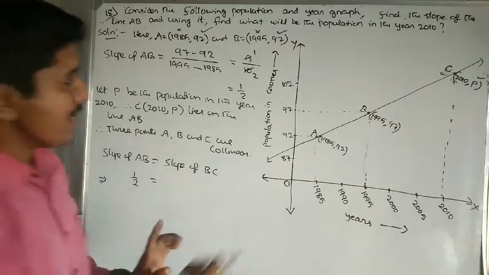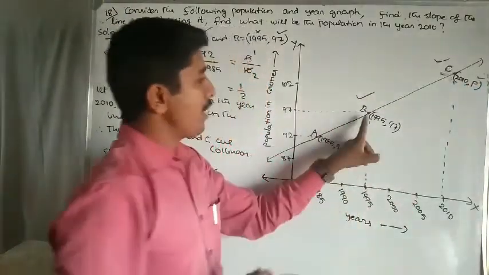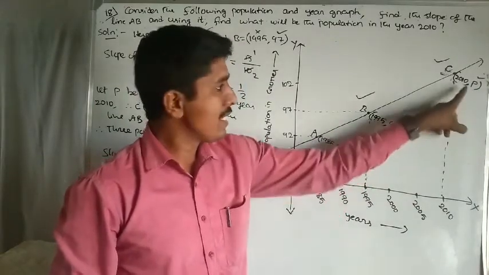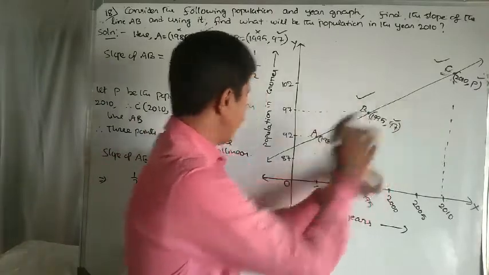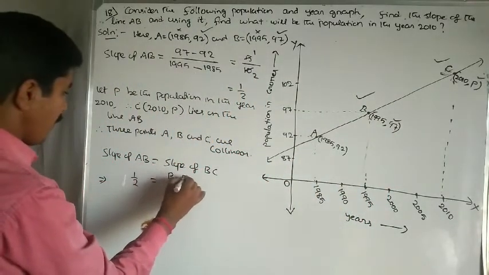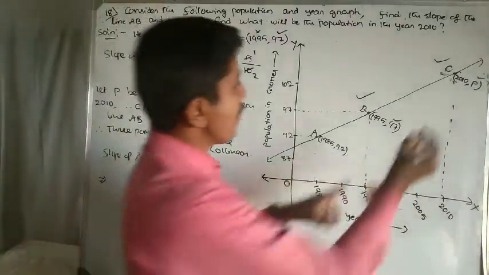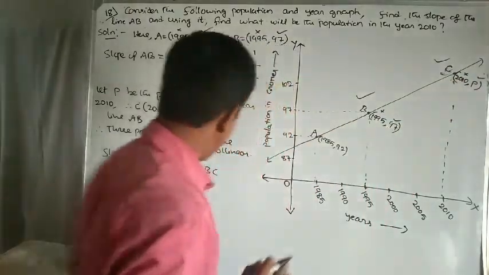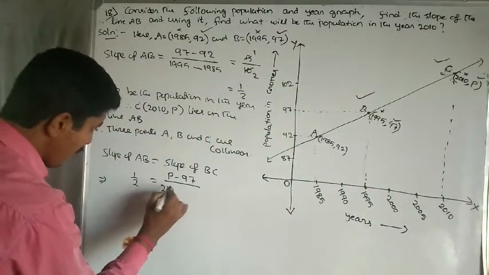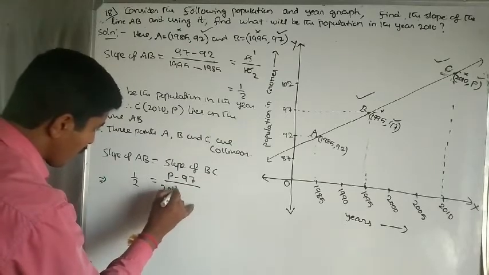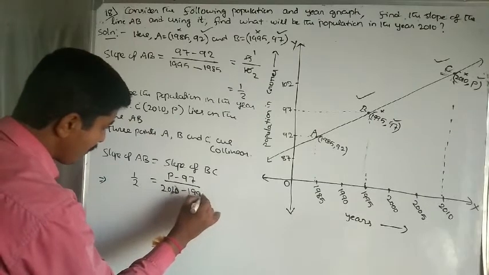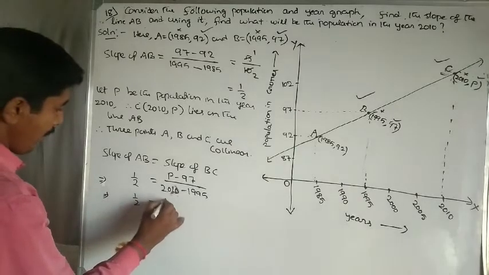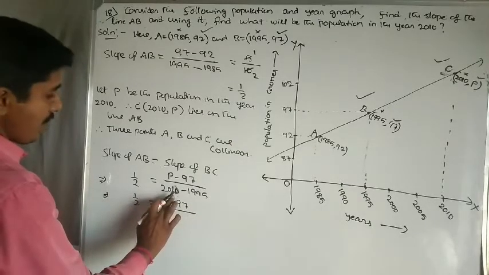Now find the slope of BC, the slope of the line passing through B and C: y coordinate difference divided by x coordinate difference. That is P minus 97, divided by 2010 minus 1995.